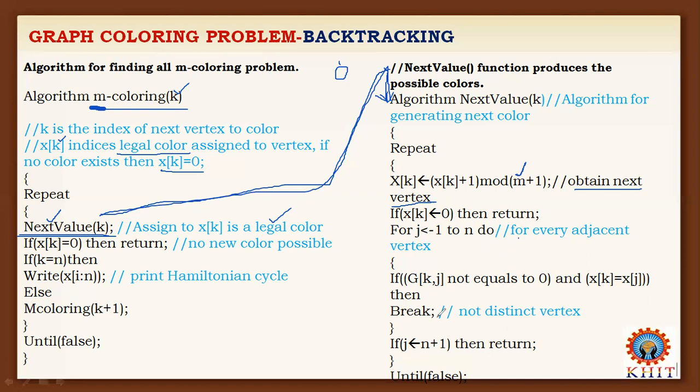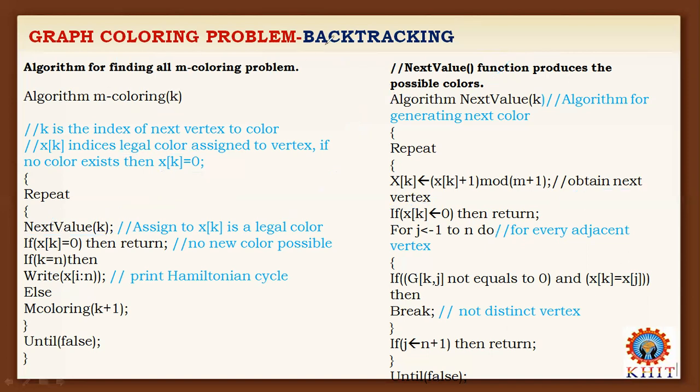In this way, you can find the next color, and we can color all the possible vertices of the given graph with m number of colors. So this is the algorithm, which represents the step-by-step procedure to color the given graph.